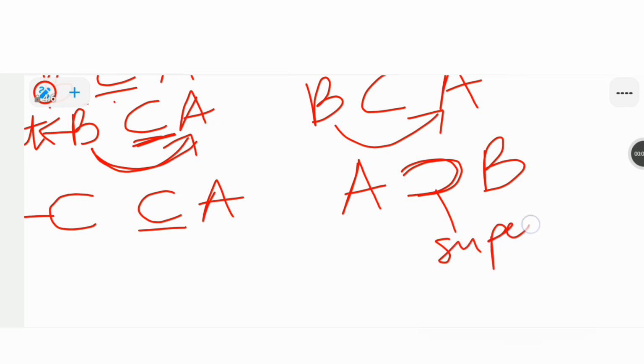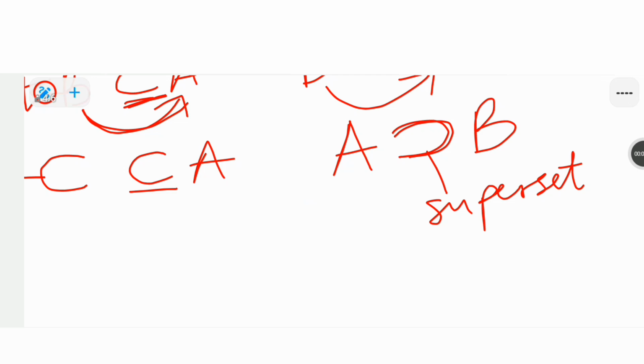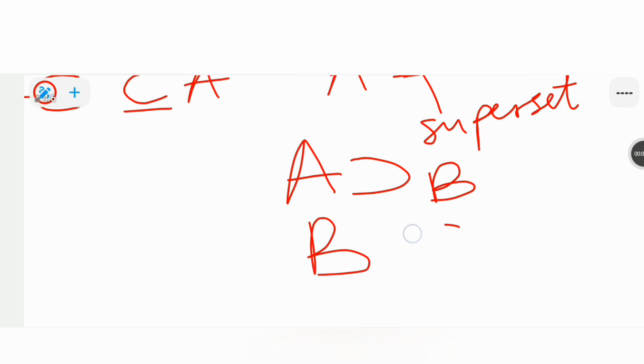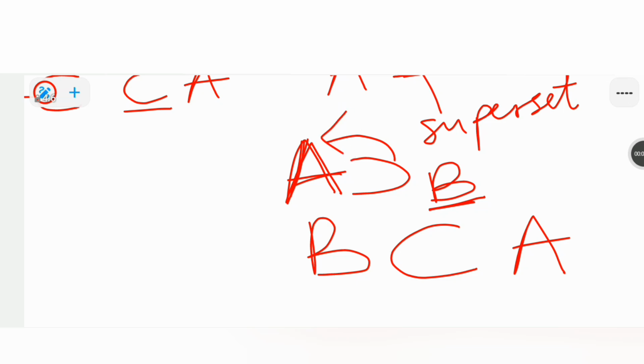So it means that A is the father of B, but B is the child of A. So that's the meaning. This B here was taken out from set A, so A is the father and B is the child. So that's the basic example for subset and superset.